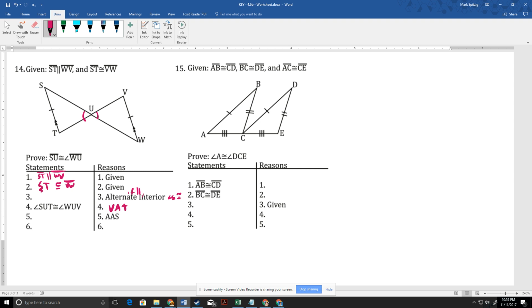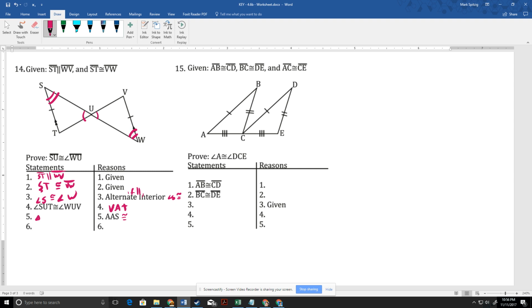So it wouldn't really matter whichever way we do it. I'm just going to say angle S is congruent to angle W. In other words, these two right here, because they're alternate interior angles. Of course, we could have said angle T and angle V, which also would have been fine, because either way it would have been angle, side.